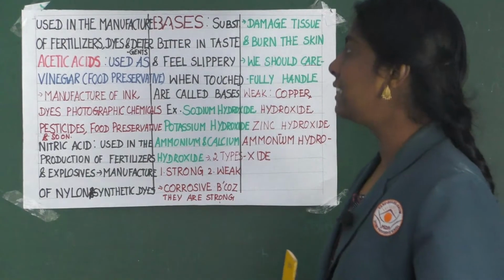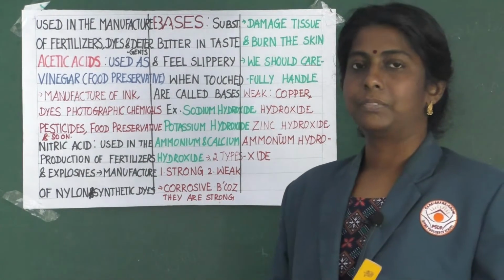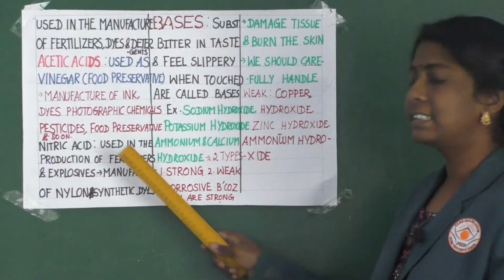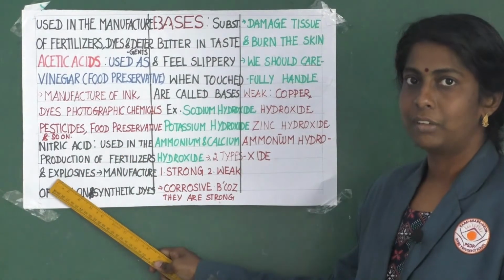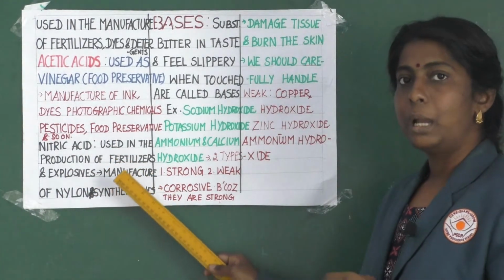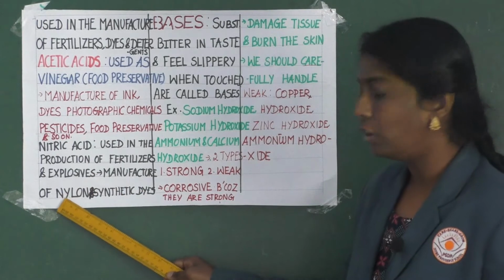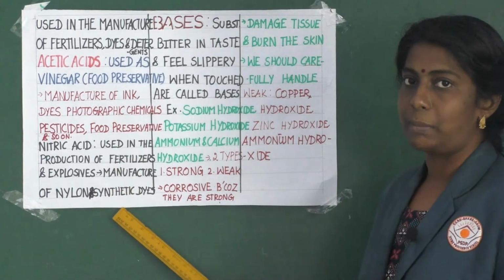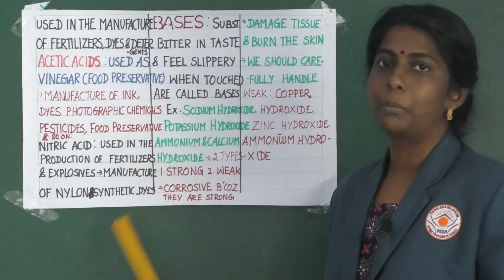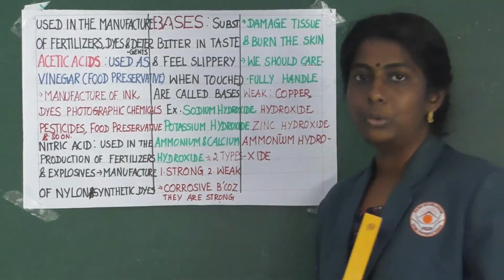Clear? Next is nitric acid. It is used in fertilizers and explosives. It is also used in the manufacture of nylon and synthetic fibers. So this is about acids and their uses.